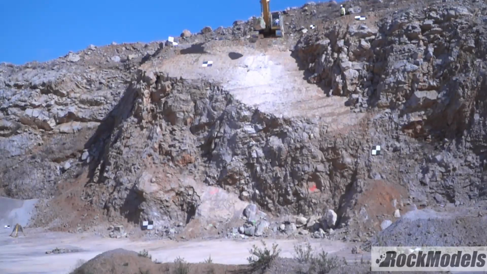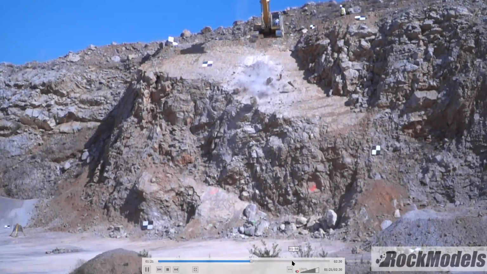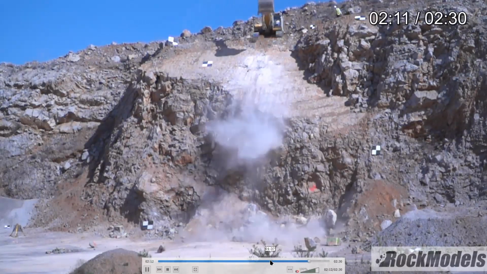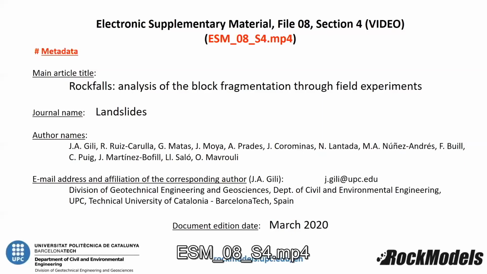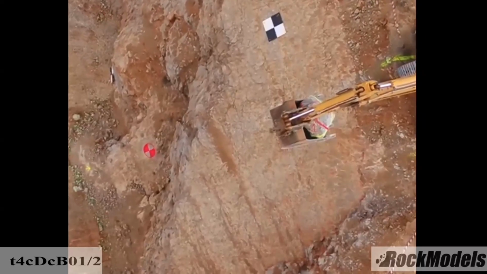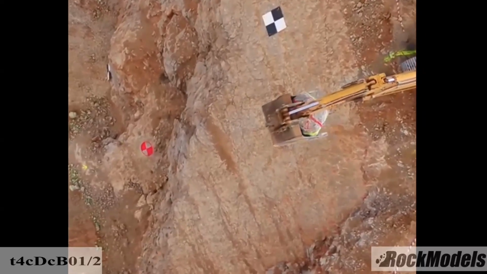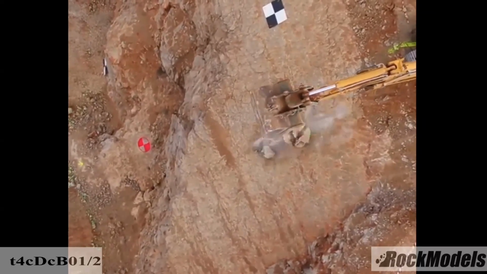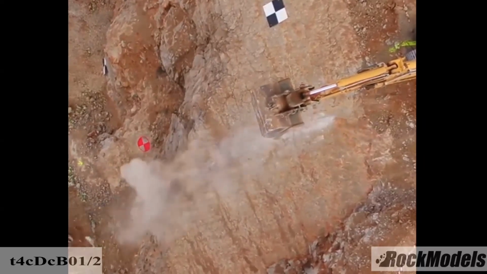Here we have some drops in slow motion, and we can see the detail. This one is from one camera. Here are some close-up views of the blocks when they impact with the slope, and we can appreciate the fragmentation.